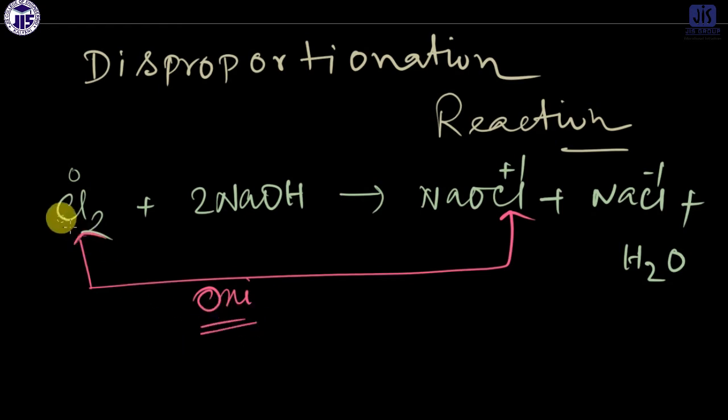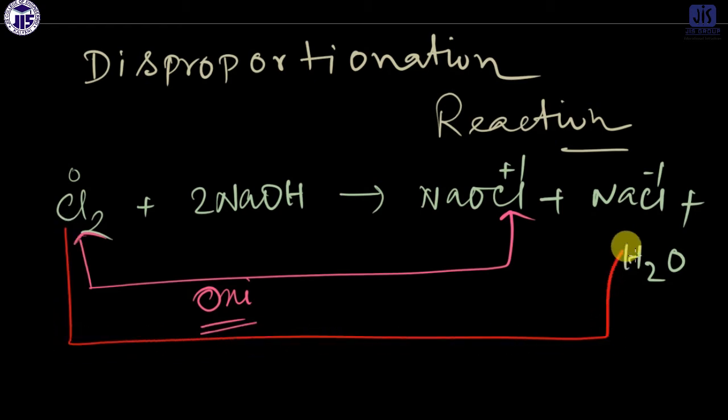But if you take Cl2 to Cl minus, it is the decreasing of the oxidation number, so this is called the reduction. So according to the disproportionation reaction, an element of a compound undergoes oxidation and reduction simultaneously.